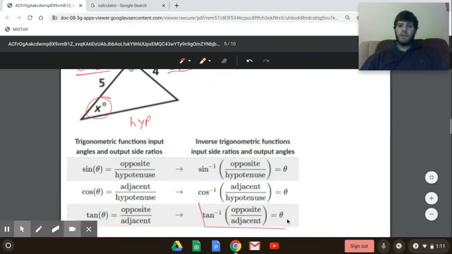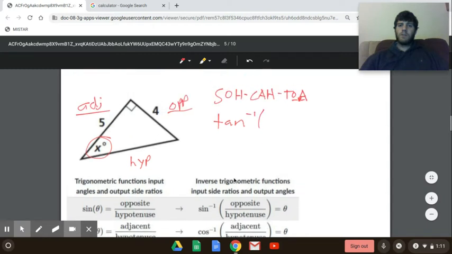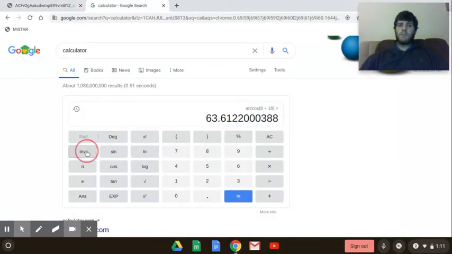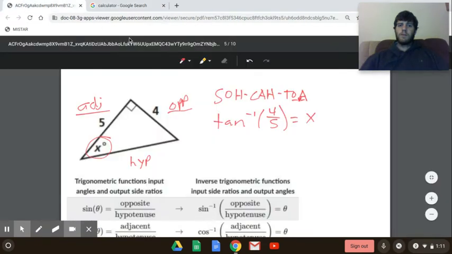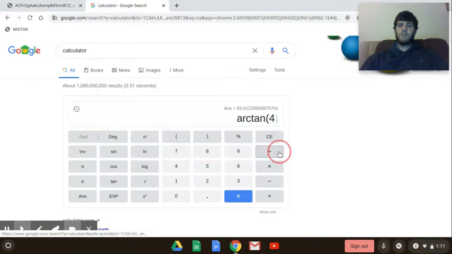We want to use this one down here. So inverse tangent, and then we put in our ratio, opposite over adjacent. So opposite is 4, adjacent is 5. So 4 over 5. And that's going to equal our angle measure, which in this case is x. We go to our calculator, make sure you're in degrees. We're going to do inverse tangent, and it's 4 over 5, or 0.8.